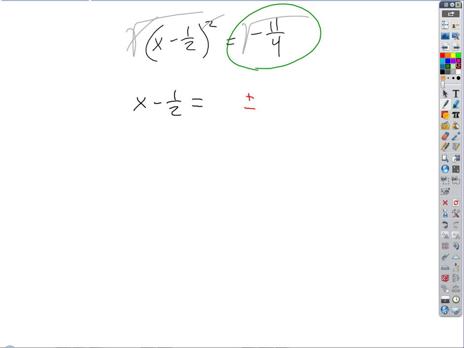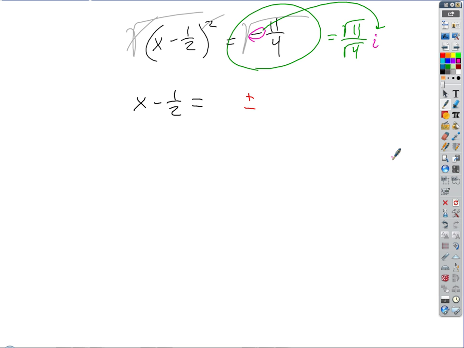Okay, but right away I can see one thing going on. If I have a negative inside the radical, what does that immediately turn into? An i. Good. So this equals the square root of 11/4, okay, which I can split up. Square root of 11 over square root of 4 times i, right?